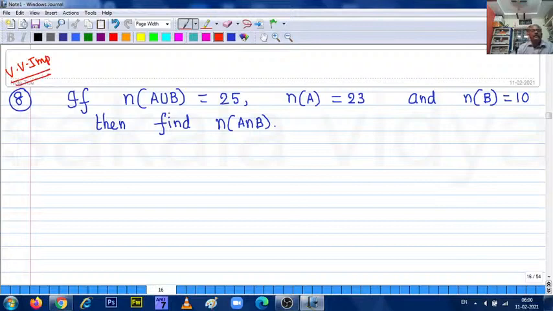If n of A union B is equal to 25, n of A is equal to 23, and n of B is equal to 10, then find n of A intersection B.